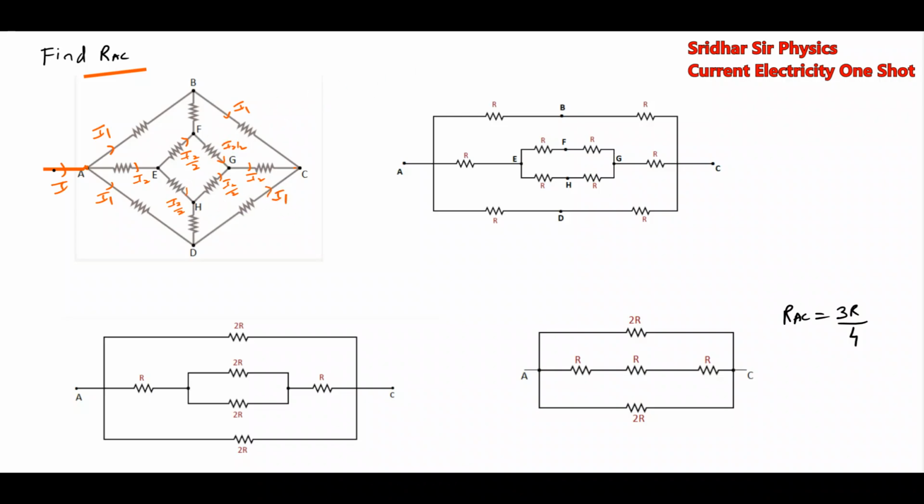No current will flow through these branches, so remove them. Once you remove them, these two are in series, these two are in series, and these two are in parallel, and that effective will be in series.